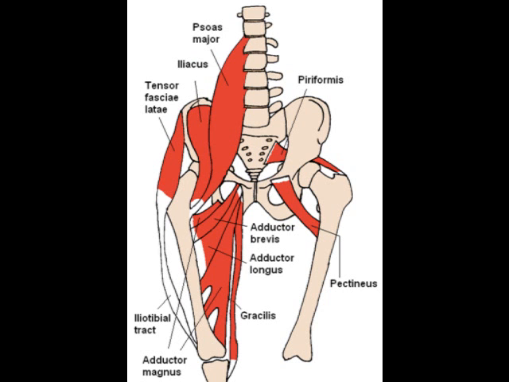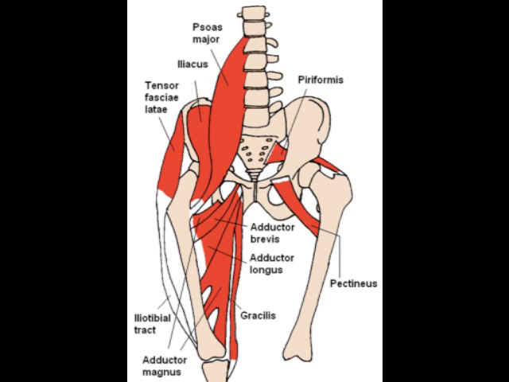Okay, now we're going to talk about some parts of the front view, also known as the anterior view of your thigh and your pelvis and your lower abdomen, the muscles and some of the bones there.